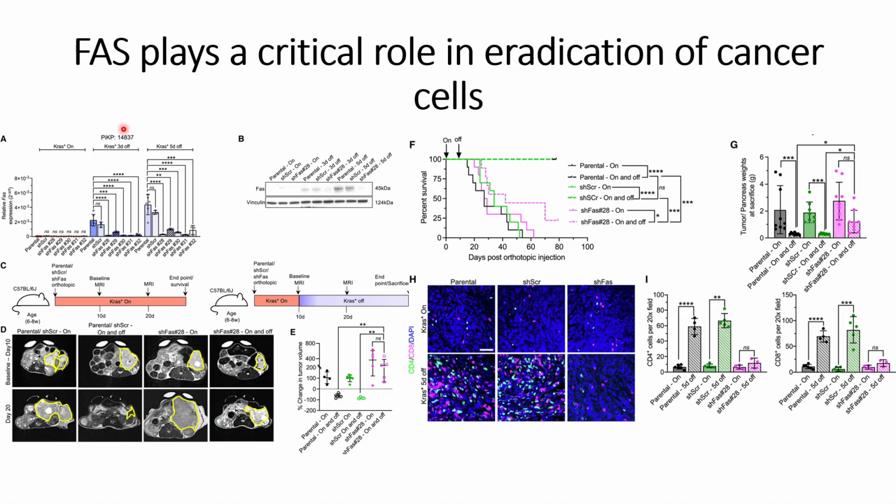But when the KRAS mutations are off after 3 days, they see an increase in the FAS receptors in the parental case, and also in the scrambled short hairpin RNAs, but not in the short hairpin FAS receptors RNAs.